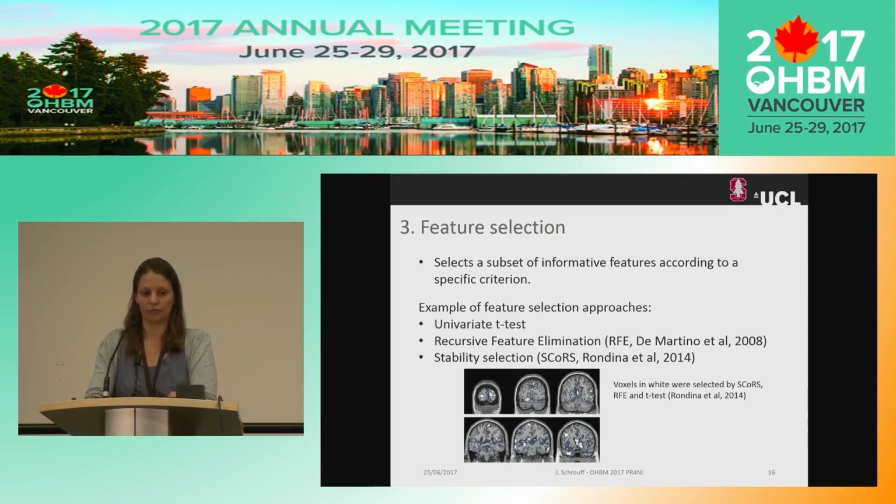It can be recursive feature elimination. In that case, you start with all your features, and then you take one out, and you see if each time you take one out, the accuracy improves or not. Then you select the subset that leads to the highest accuracy within the inner loop of the cross-validation. And then you build your model and you test that on the validation set.